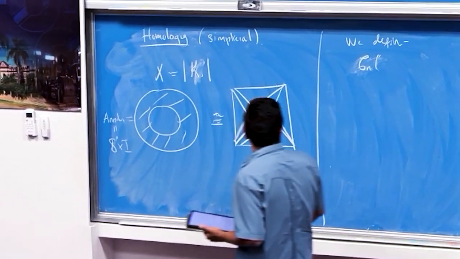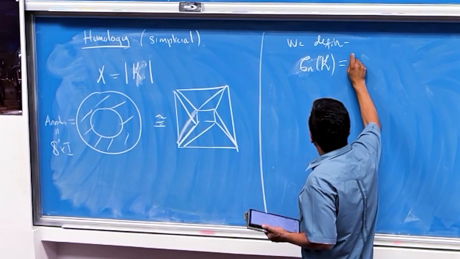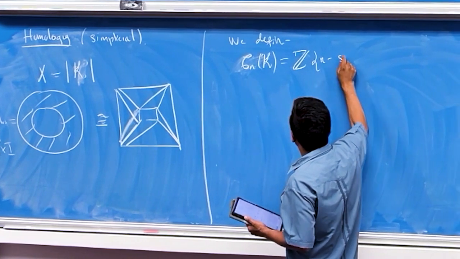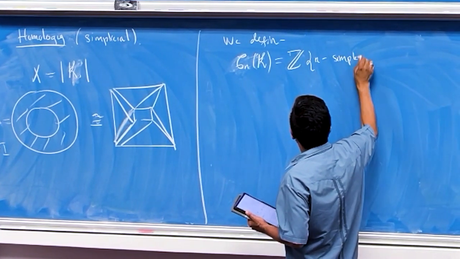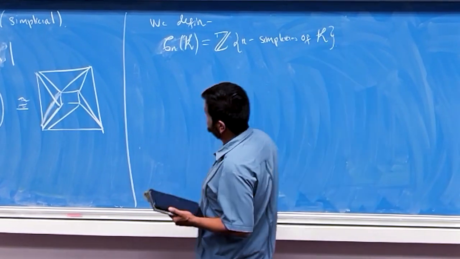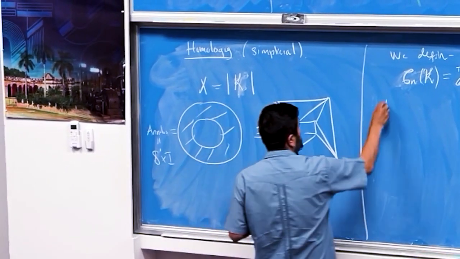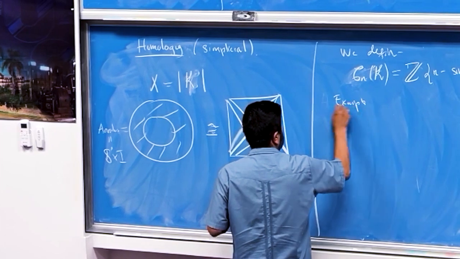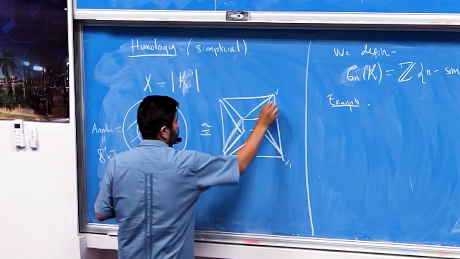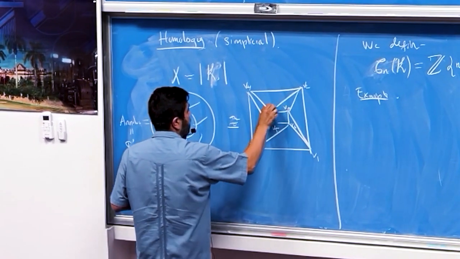So this K, the simplicial complex, Cn of K, as the free abelian group generated by the n-simplexes of K. So in this case, for example, here we have 1, 2, 3, 4, 5, 6, 7, and 8 vertices, right?